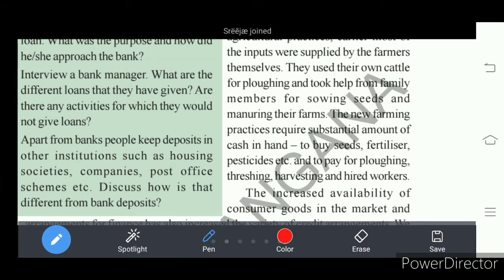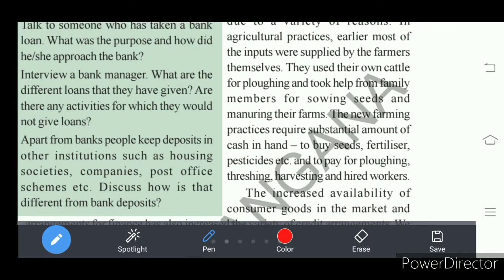Understand? One is agriculture practices. In the agriculture field, a farmer wants to buy seeds, right? Or the farmer wants to pay wages to the workers, or buy a tractor.